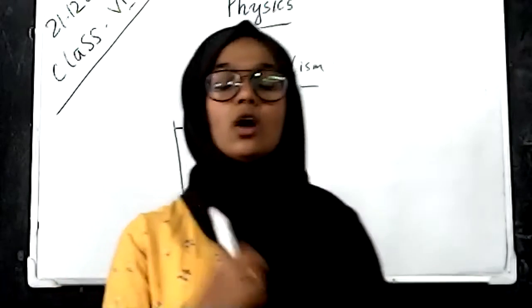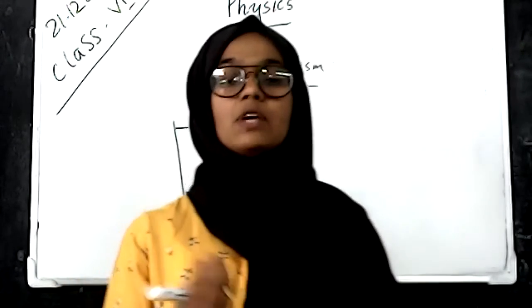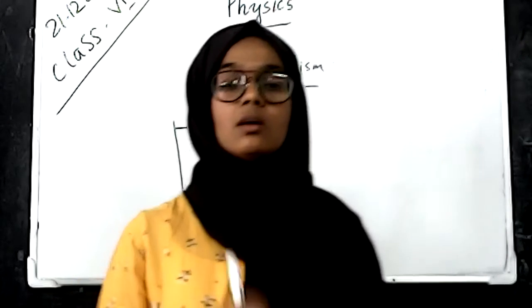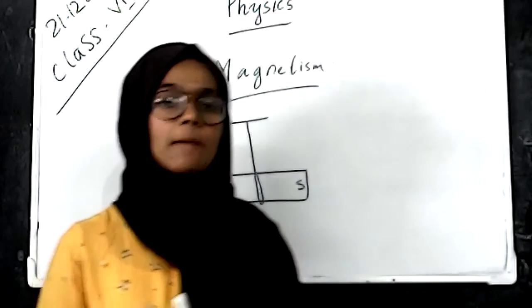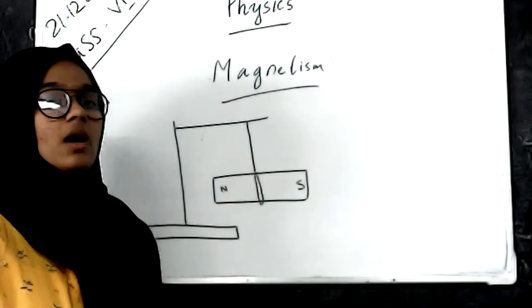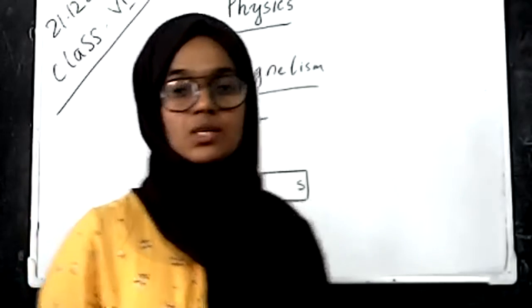So based on this property of a magnet, we can use a magnet to know the direction where we stand. Navigators use this method to understand the direction.